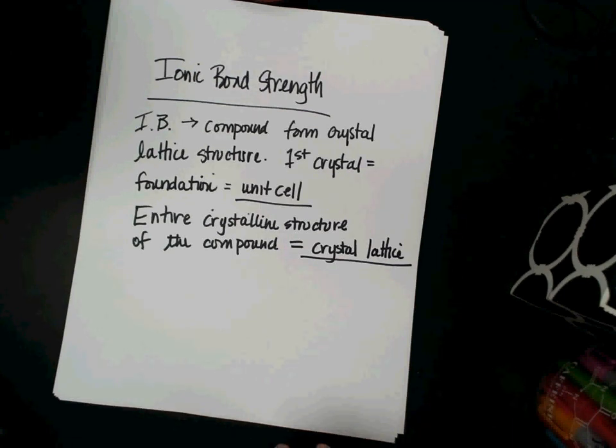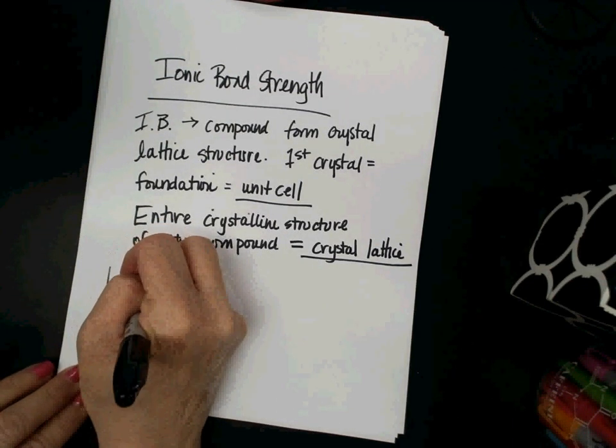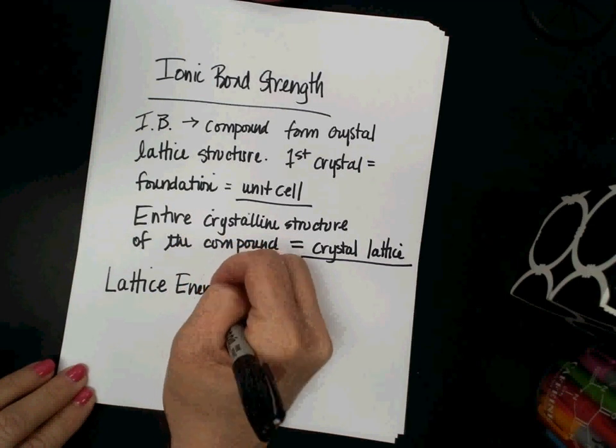Now, every ionic compound, or almost every, there are a couple amorphous ones, but almost every ionic compound forms a crystal lattice. If I want to separate it, then I need something called lattice energy.